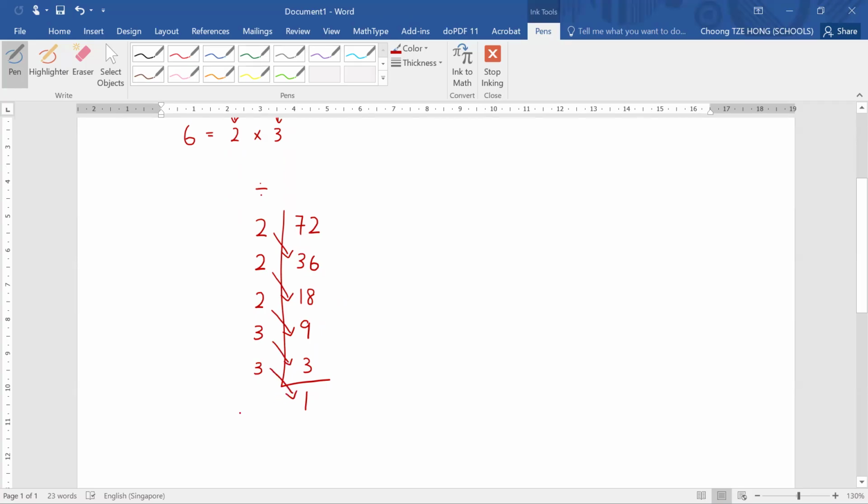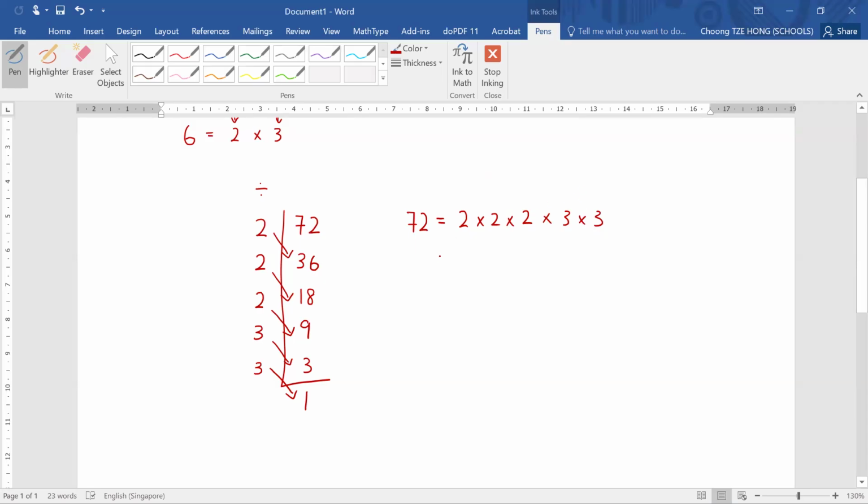So now 72 can be expressed as 2 times 2 times 2 times 3 times 3. And this is how we prime factorize 72, because we have now expressed 72 as the product of its prime factors. All these numbers 2, 2, 2, 3, 3 are prime factors.